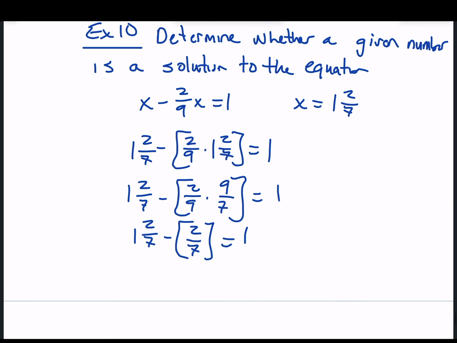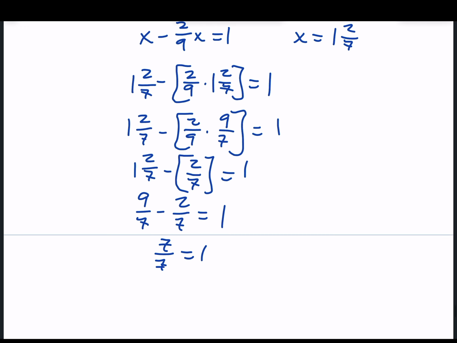Well, 1 2/7 we found earlier is the same as 9/7, so we can change this one to 9/7 minus 2/7. Well, they have the same denominator. 9 minus 2 is 7 over 7 equal to 1. Well, 7 over 7 is just 1, so 1 equals 1. We have a true statement.